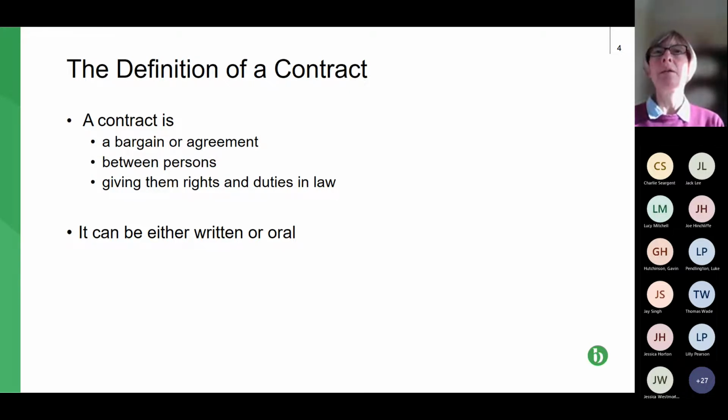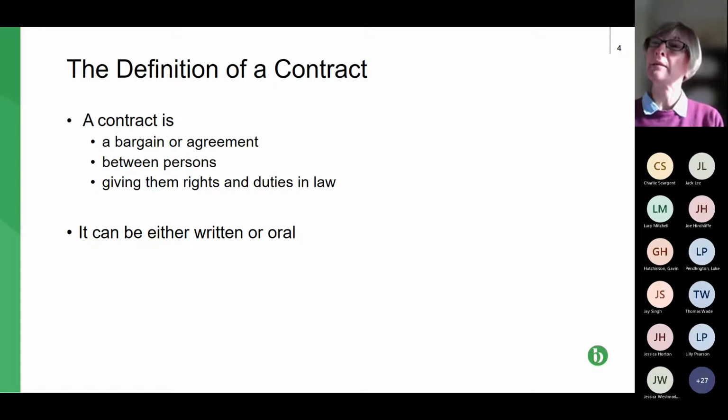But of course, the second bullet point is the reminder that a contract doesn't have to be in writing and isn't always in writing. Sometimes someone will ring me and say, we're having work done, there's no contract. Well, generally speaking, there will be a contract. It might just not be something that's in writing.